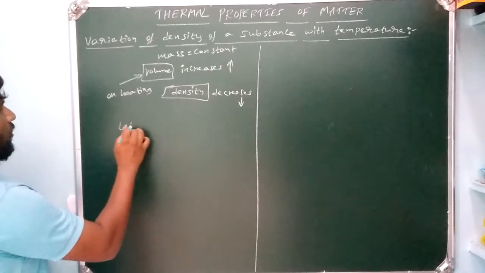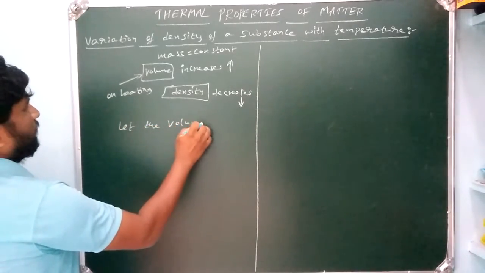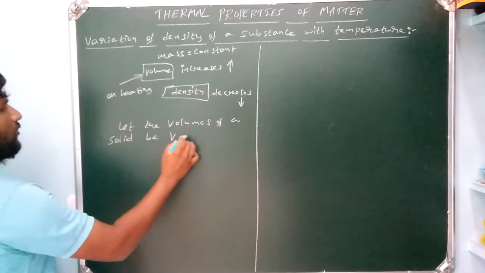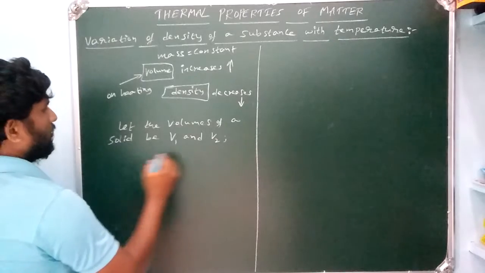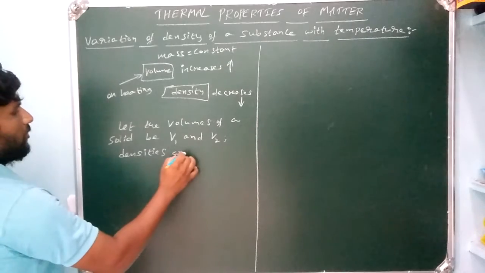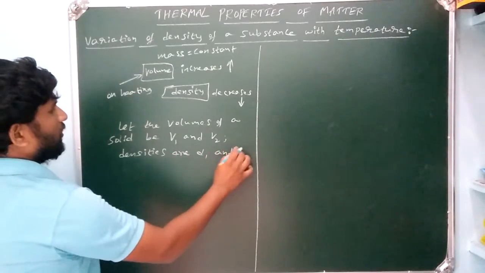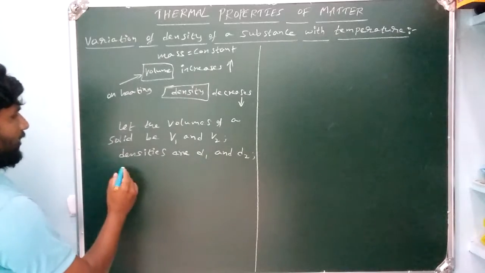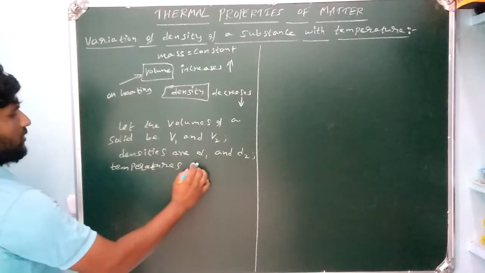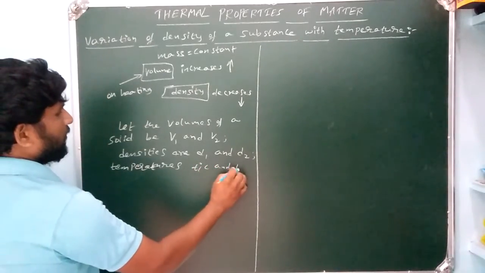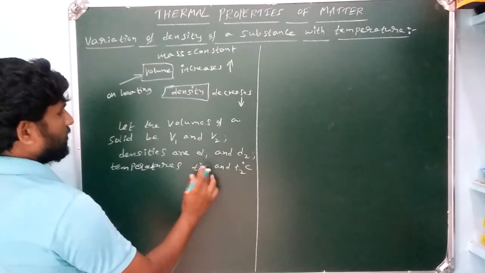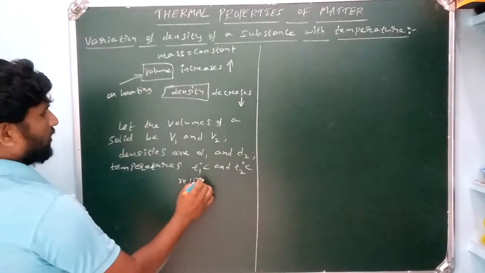Let the volumes of a solid be V1 and V2, and the densities be D1 and D2, at temperatures T1 degree centigrade and T2 degree centigrade respectively.